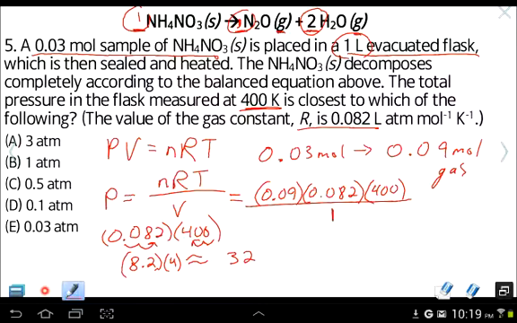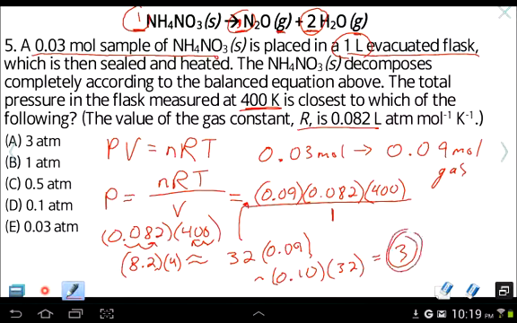And then we have to multiply by 0.09. So 0.09 is roughly 0.10. So really it's taking a tenth of 32, which gives us roughly about 3 atmospheres. See if you can rethink how I did this.